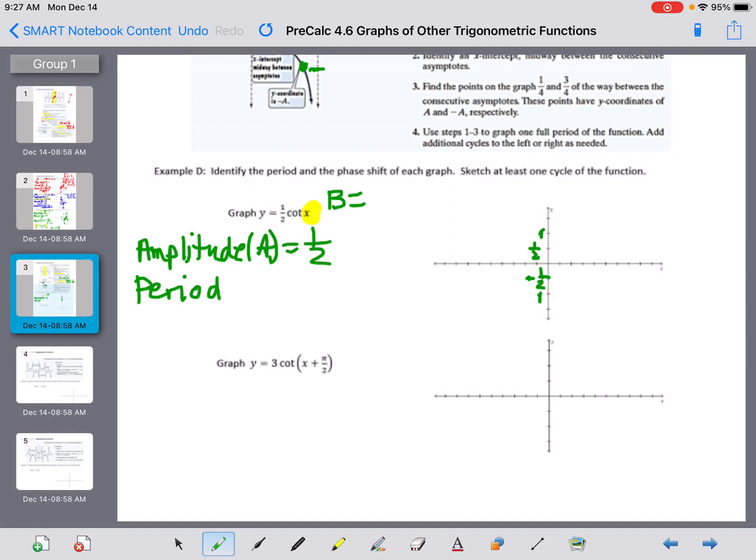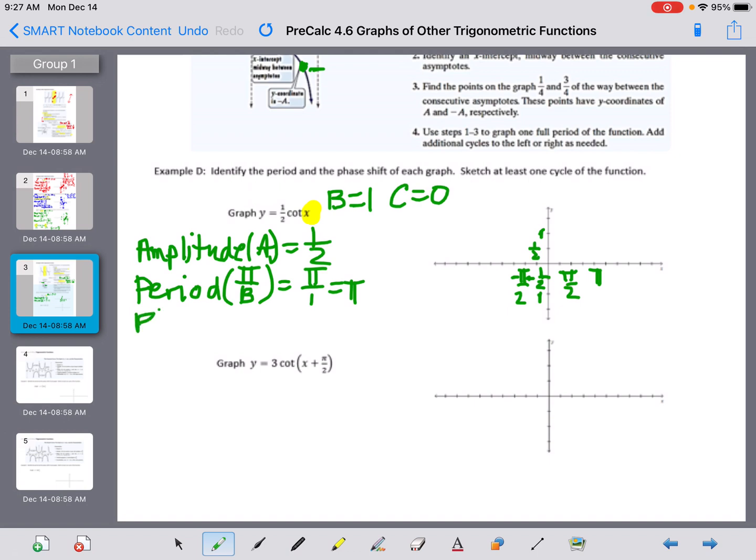Okay, b equals 1. Just for reference, there is no c right now, right? Okay, so the period is pi divided by b. So that means pi divided by 1 or just pi. So 4 lines out is pi. And that means halfway between it is pi over 2.